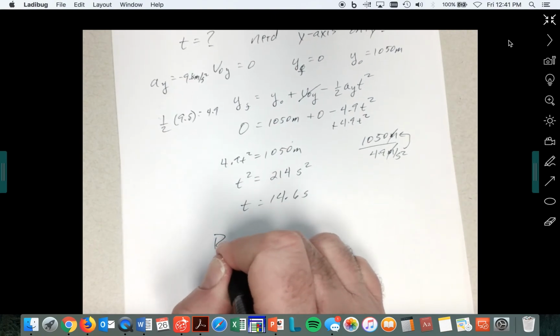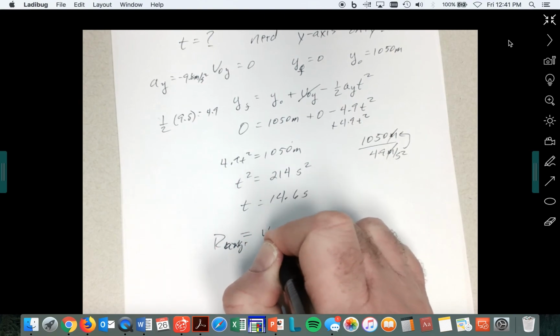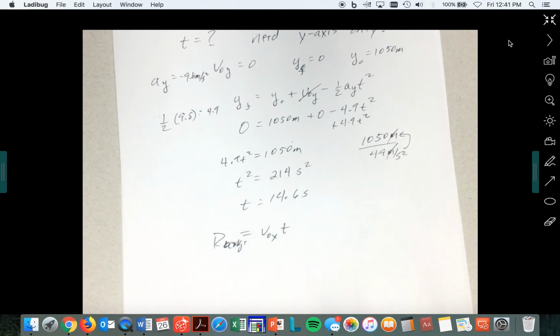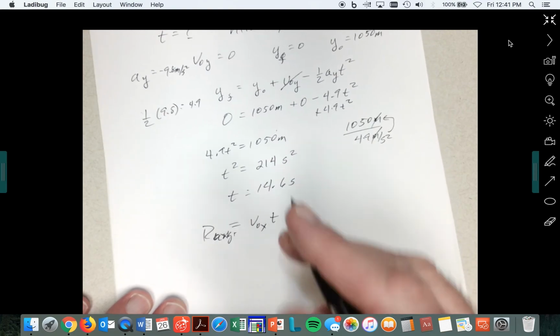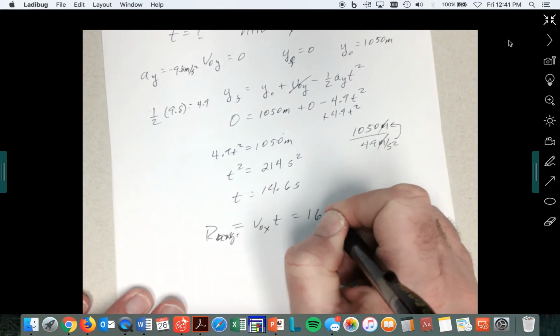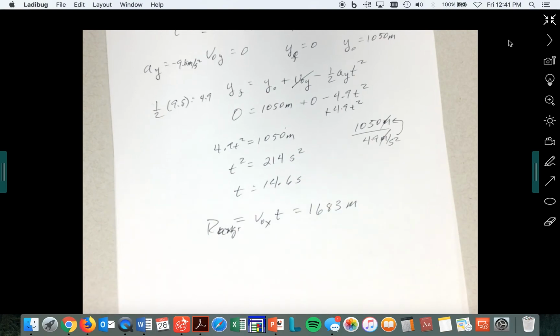So the range is equal to v naught x times t, because the x never changed. So how far it went in the x direction times 14.6, boom, 1,683 meters. There's the range.